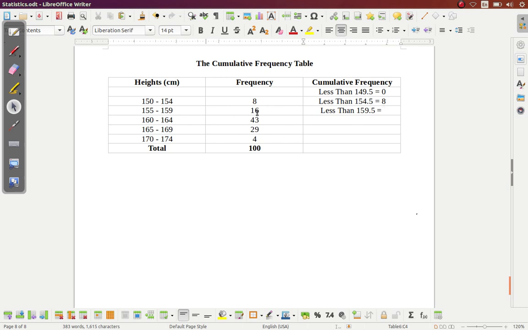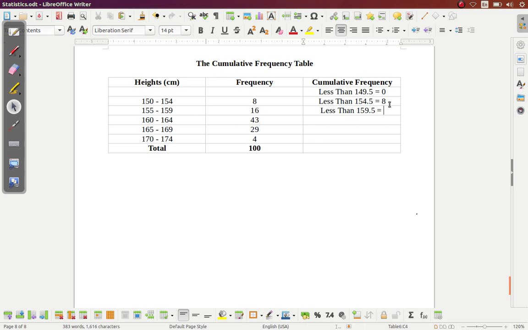You have 16 of them who are shorter than 159.5, plus you have 8 of them who are also shorter than 154.5. But the thing is, all of these, the 16 plus the 8, are actually shorter than the 159.5.